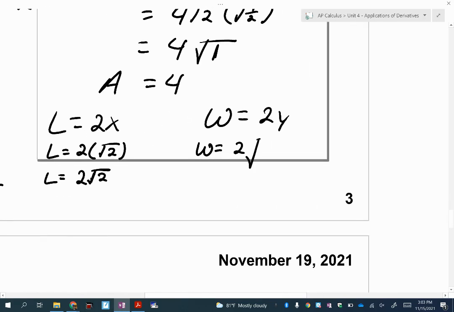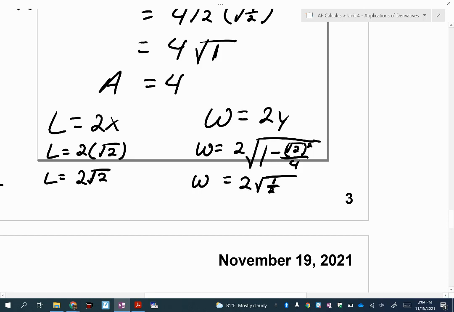So that's 2 times the square root of 1 minus x squared over 4. That's 2 times the square root of, 2 squared is 2, 2/4 is 1/2, 1 minus 1/2 is 1/2. So this is going to be my width.